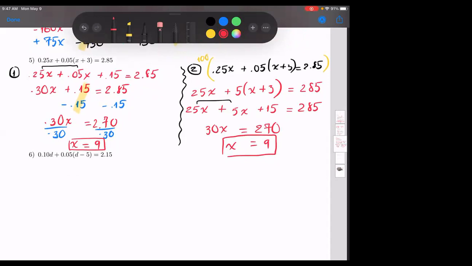Put your answer in the chat for me. But only show me one method, okay? You don't have to show me both.